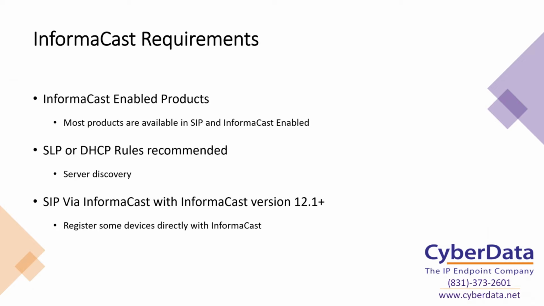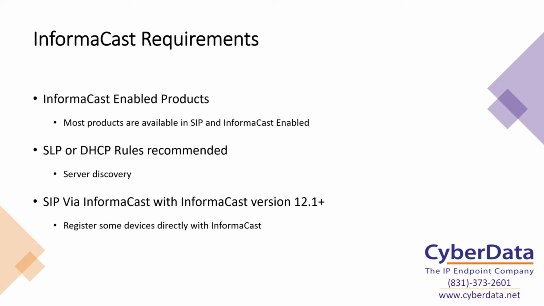They'll support local multicast, have intrusion sensors, event generation, all the stuff that you would imagine from a regular CyberData product, but then they also support all of the InformaCast capabilities on top of that. I like to refer to it as the regular SIP version of the product, so say our regular SIP speaker. The InformaCast-enabled variant of it does everything that the SIP version does, with the little cherry on top of InformaCast capability.